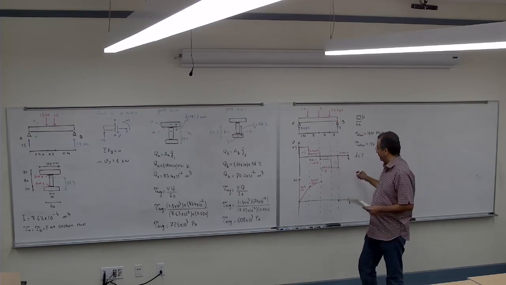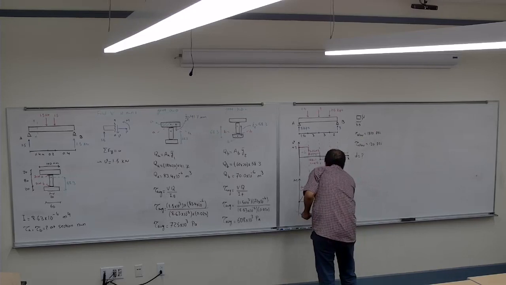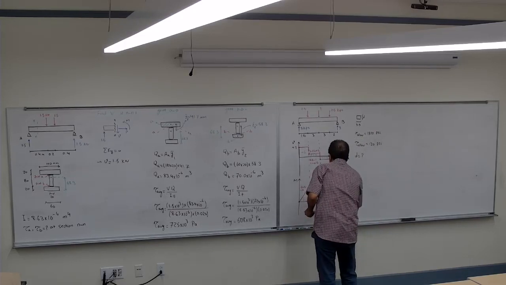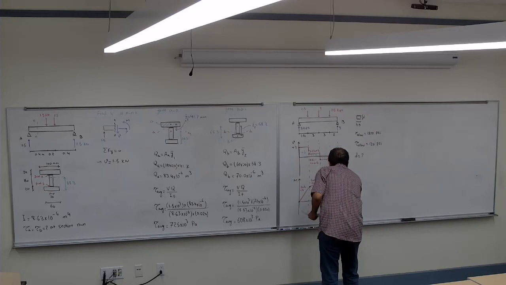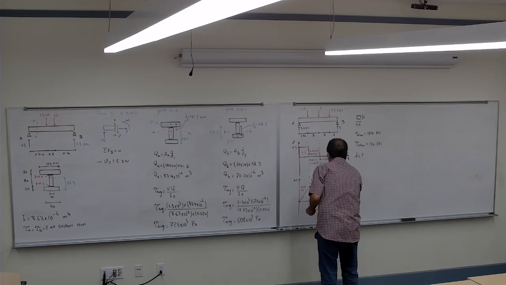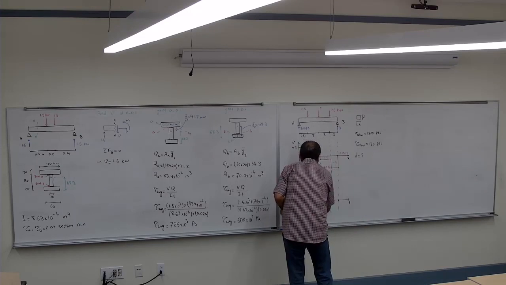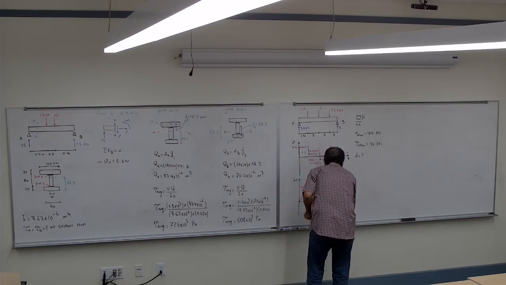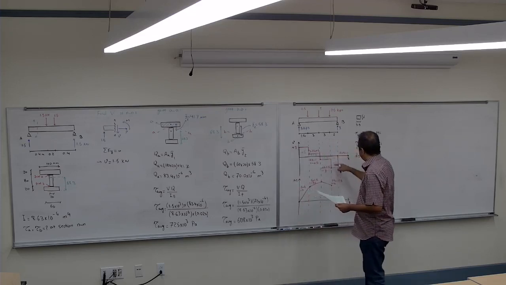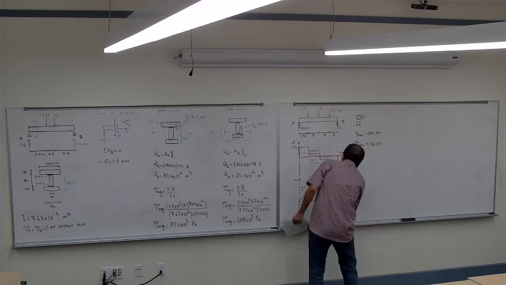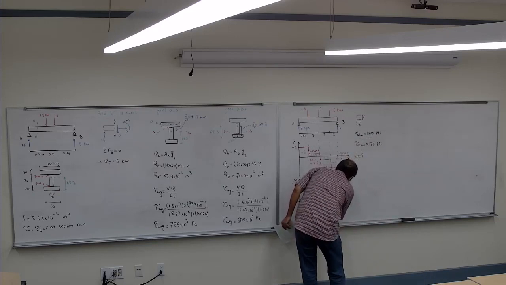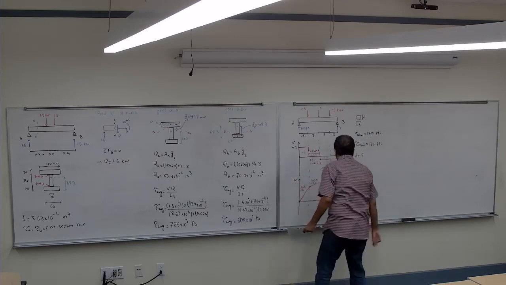So 7.5 minus 1.5 would be 6 again. And then from here, 6 minus 6, going down linearly, so it will go back to 0.